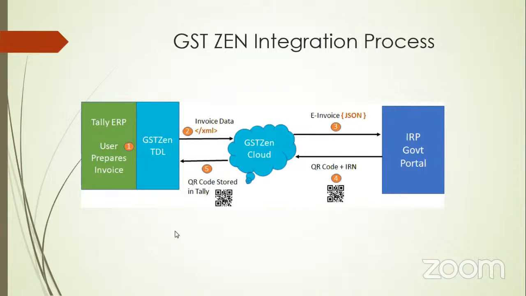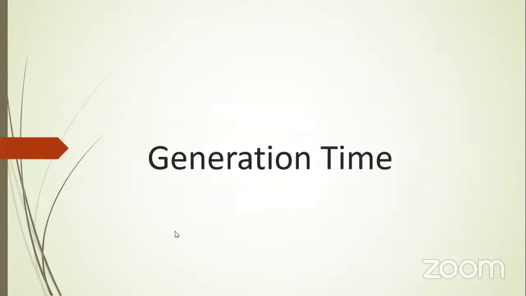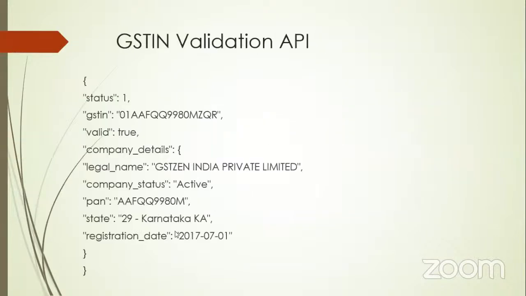From there, it is sent to IRP after validation in the form of JSON. From there, GST Zen fetches the QR code and IRN. This information is stored back into Tally. My colleague would be showing you how that works in Tally. Generation.